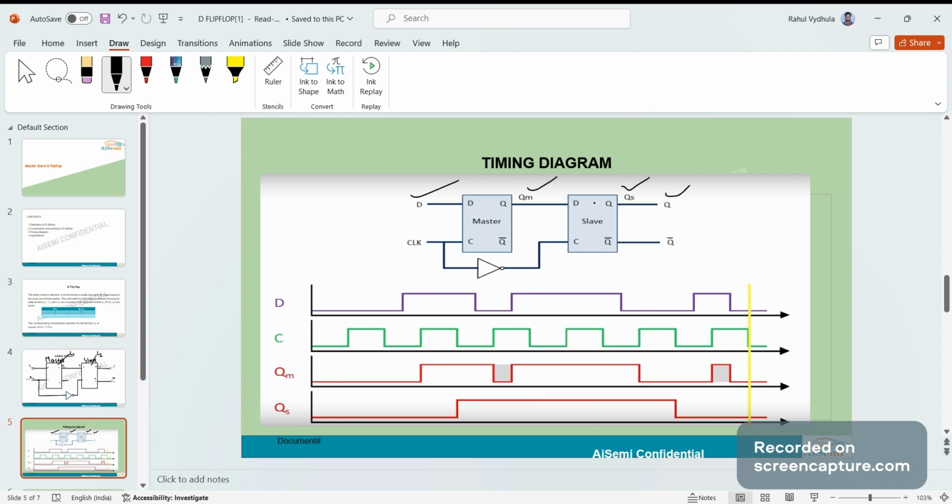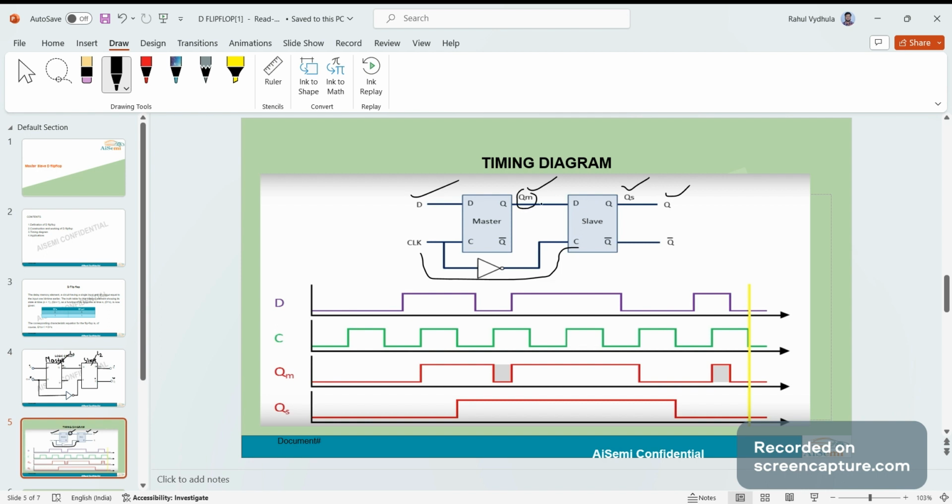These are connected to the clocking. We are assuming this as 0. Which is the QM?